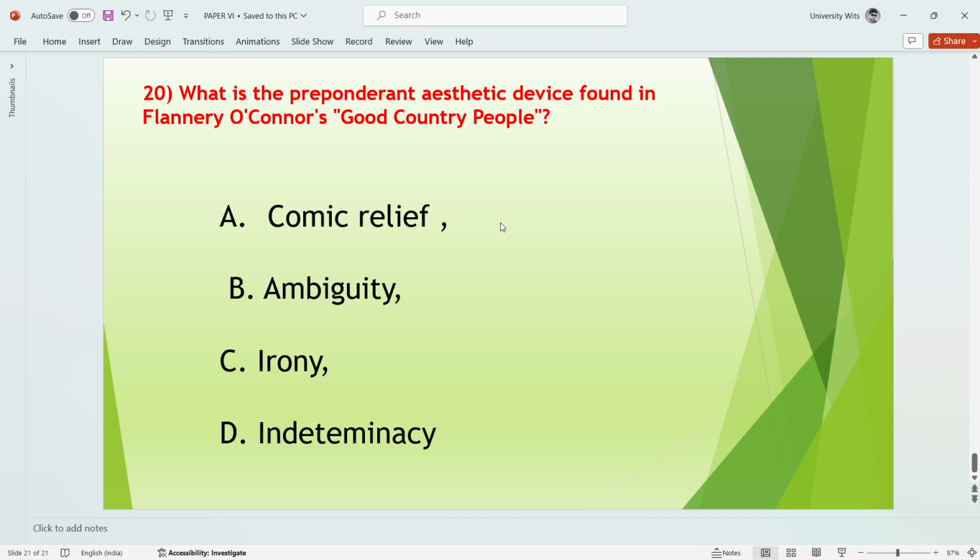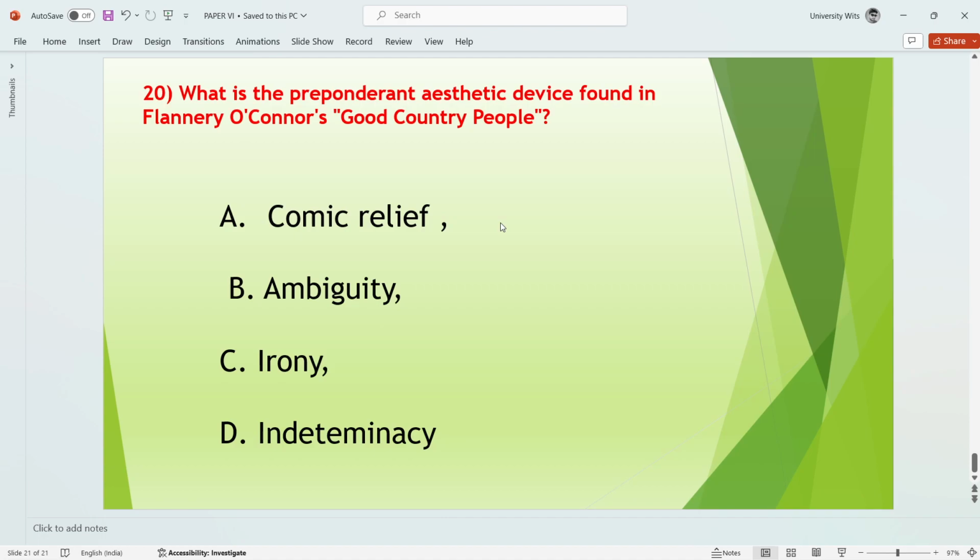For example, the character named Good Country People turns out to be anything but good, and the supposedly simple characters reveal unexpected complexity.